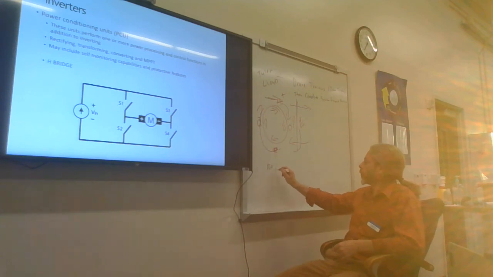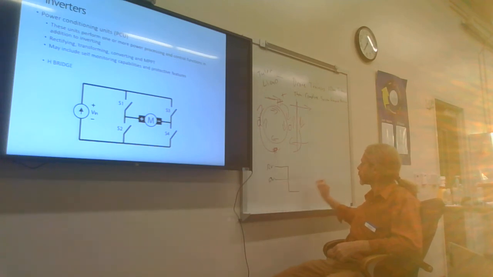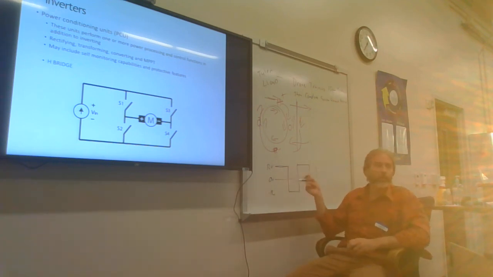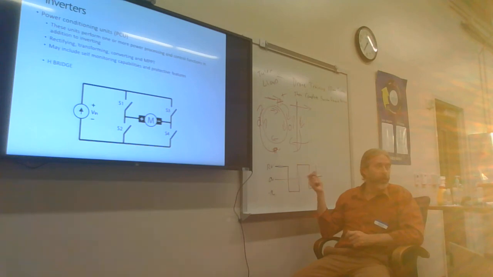I'd have 12 volts, 0 volts, and negative 12 volts. I'd be coming along at 12 volts, and then I would reverse, and then I would immediately drop to negative 12 volts. And then I would reverse, and that's how my waveform would look with an AC output.